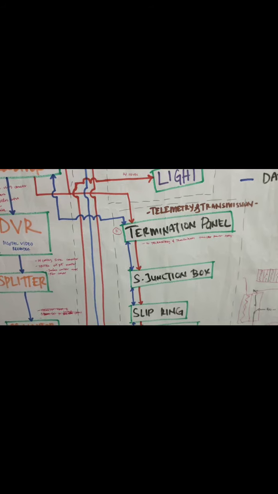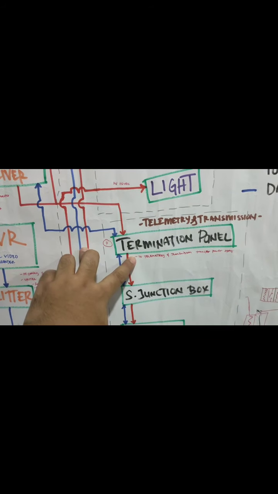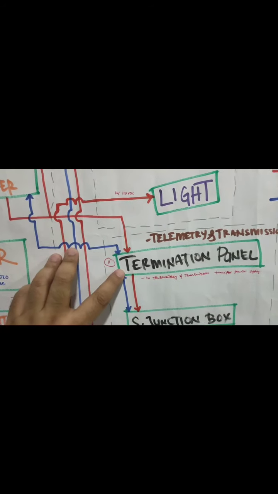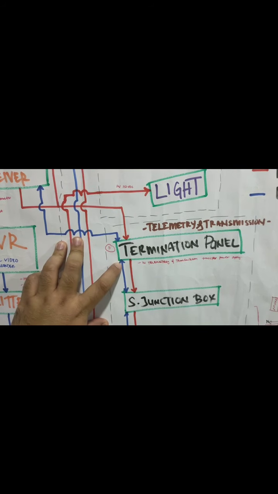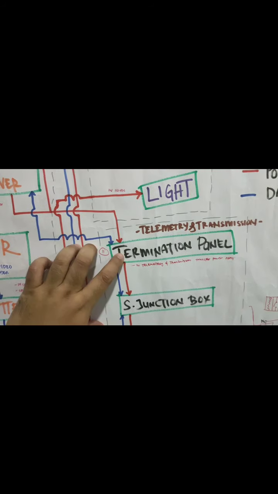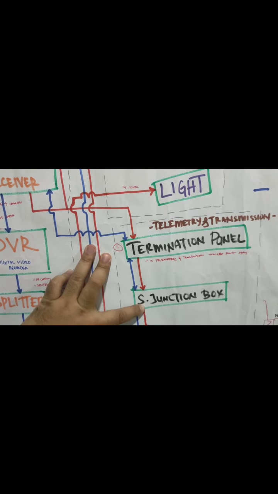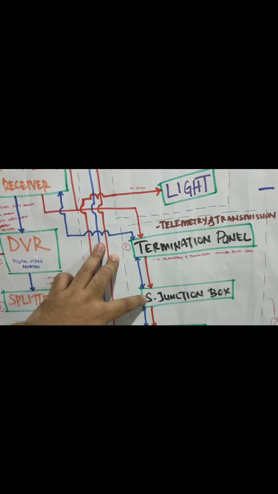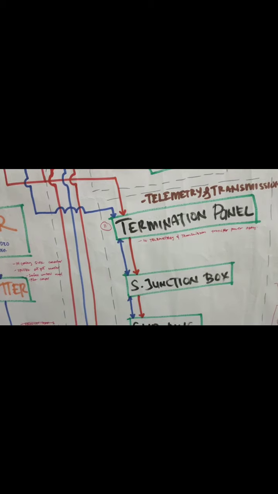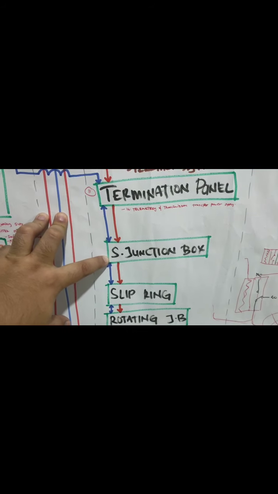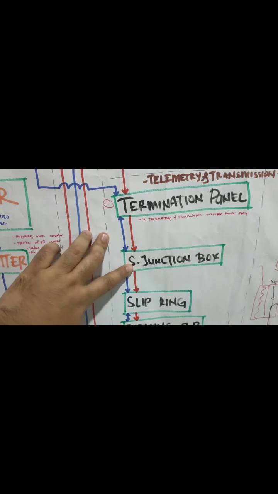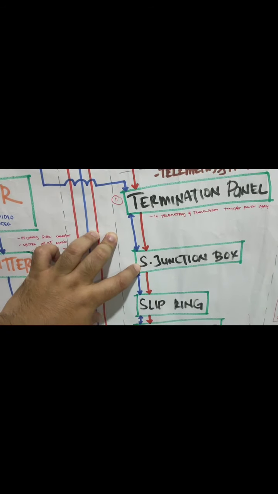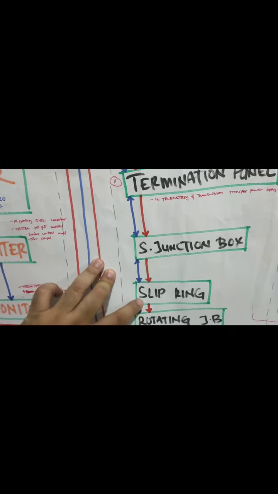The termination panel receives supply and input from the multiplexer, and it transfers the output to the static junction box, which is also its client. The static junction box receives supply and input from the termination panel, and its output and client will be the slip ring.